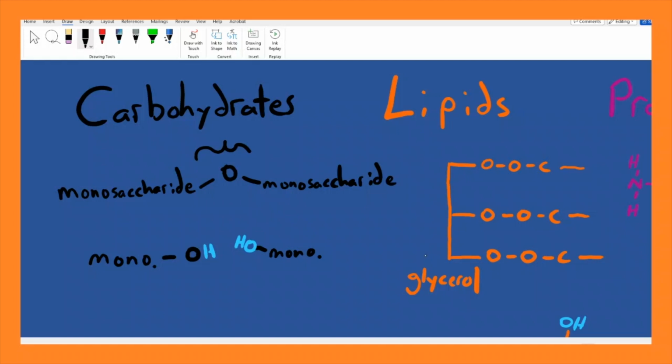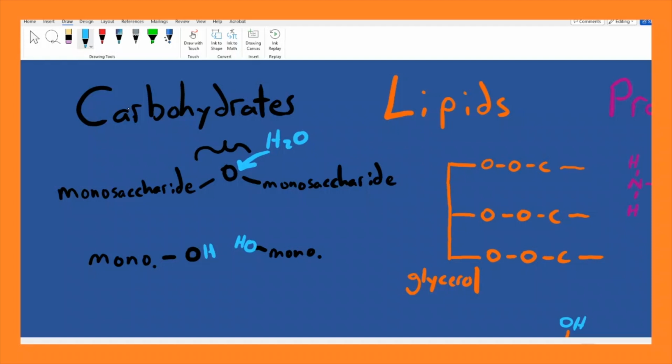An enzyme comes along adding a water into the middle of this thing. Only a specific enzyme that fits into this disaccharide, let's say it's the one I mentioned before, sucrase. Let's say the monosaccharide on the left is a glucose, the one on the right is a fructose. Here comes sucrase.